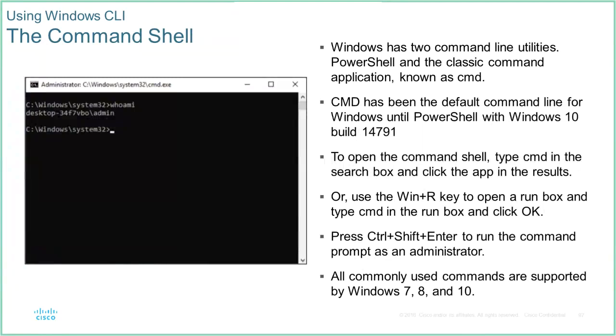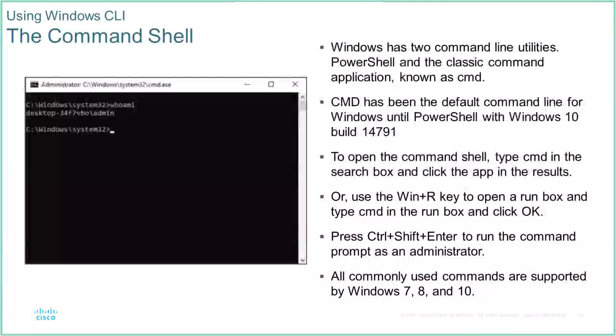Okay, the CMD window has been the default command window since Windows 10 build 14791. Now, if you're like me, that means absolutely nothing. But it's the type of silly question you would find on a test somewhere.